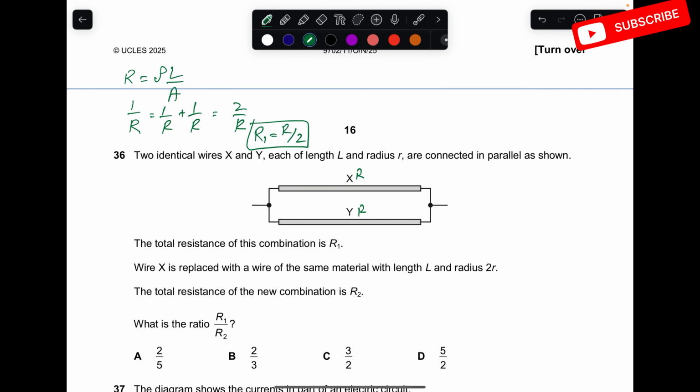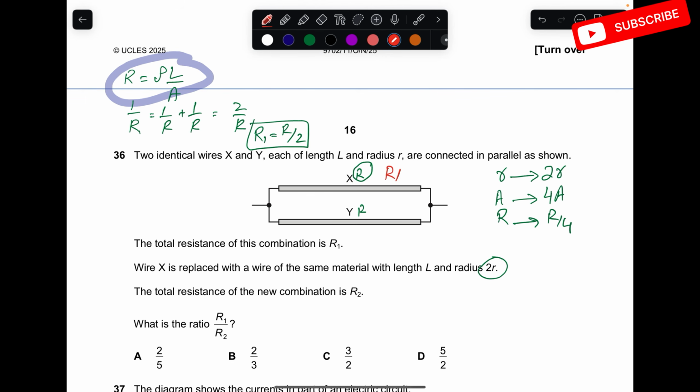When you increase the radius to 2R, the area will be 4 times larger, because area is the square of radius. And if area is 4 times larger, by this basic relation the resistance will be R by 4. So the new resistance of this will be R by 4 and this will remain R. Their combination is R2.